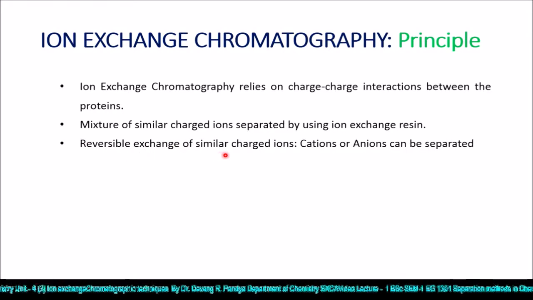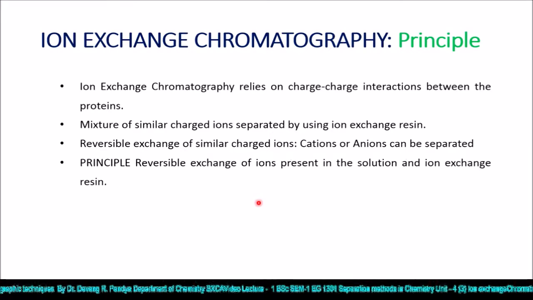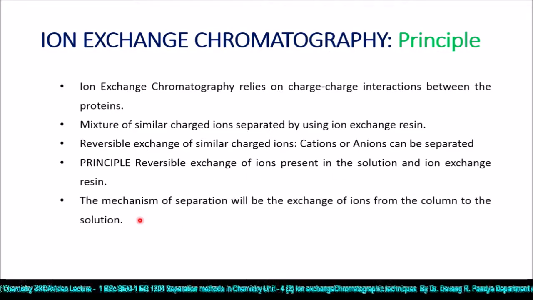Reversible exchange of similarly charged ions, cations or anions, can be separated through ion exchange chromatography. So the principle is reversible exchange of ions present in the solution and the ion exchange reagent. The mechanism of separation will be the exchange of ions from the column to the solution.